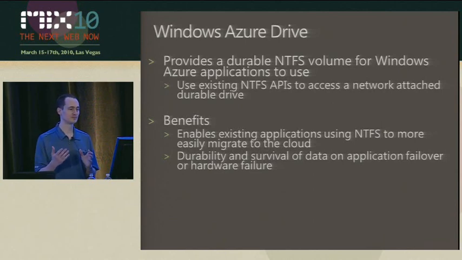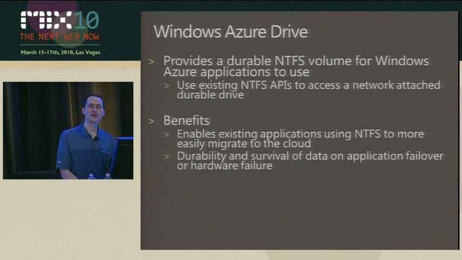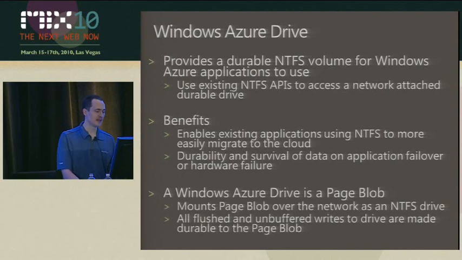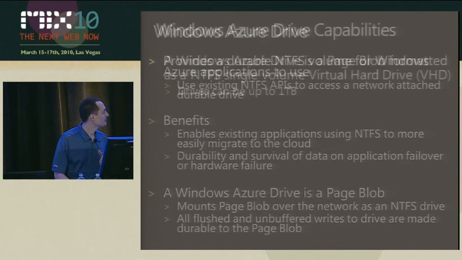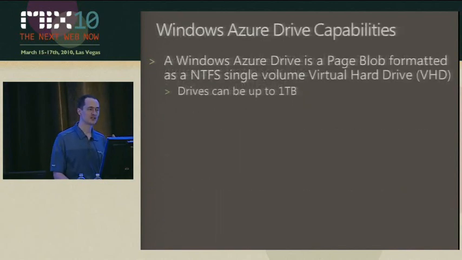Okay? So what a Windows Azure drive actually is, is a page blob that's mounted over the network. All your flushed and unbuffered writes to that drive letter are made durable to the page blob. The page blob is actually a formatted NTFS single volume virtual hard drive that's mounted to your Windows Azure VM application.